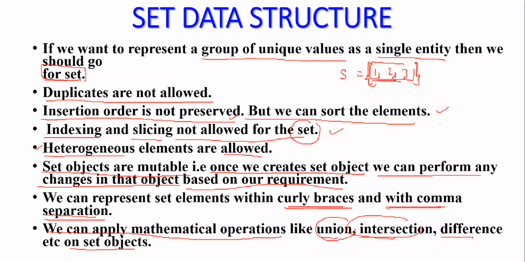If you want to keep heterogeneous elements, you can keep them in the set. Set objects are mutable, so you can modify them once created. We can represent set elements within curly braces separated with commas. We can also apply mathematical operations like union, intersection, and difference on the set objects.